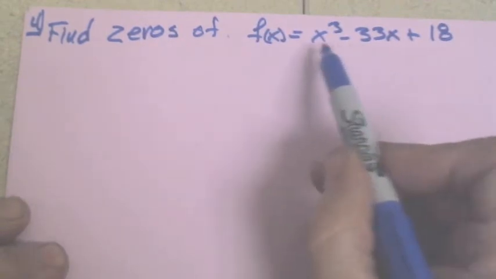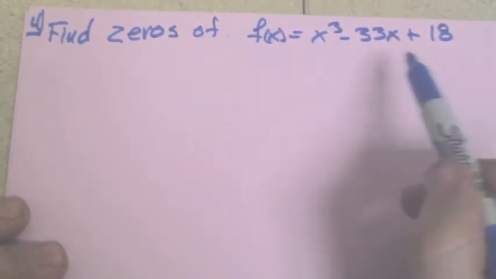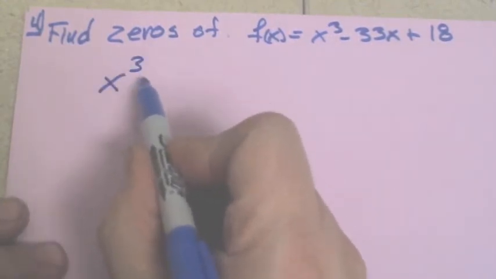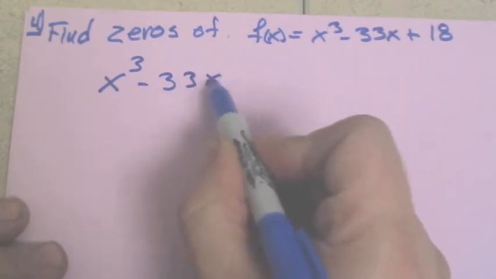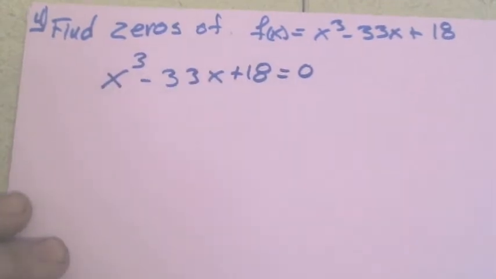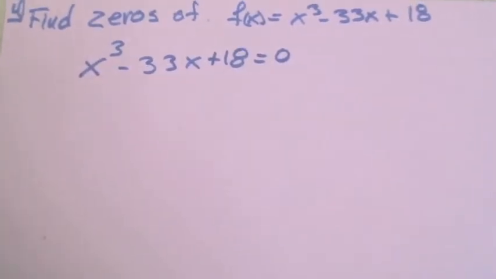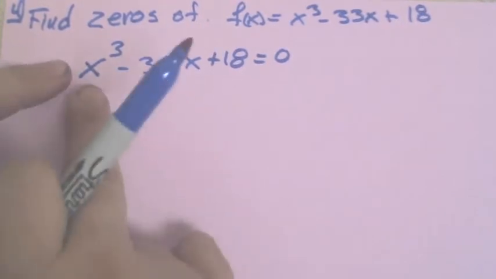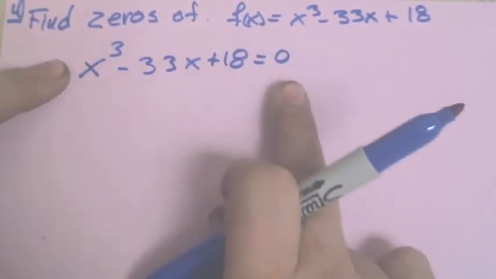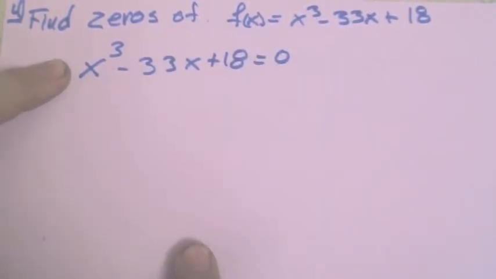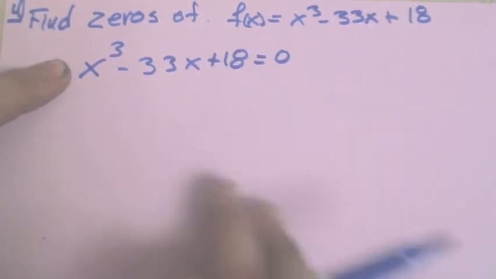So to find the zeros, to find the x-intercepts, to solve, to factor a larger degree polynomial like this x to the third minus 33x plus 18, which again we are going to want to set to 0 because we are trying to find its zeros, we want to use those tools in the middle of chapter 4, in 4.2, 4.3, and 4.4, where we tried to figure out what roots this has to determine what possible things we should try dividing out of it. And those sections talk about a couple different ways to do that.